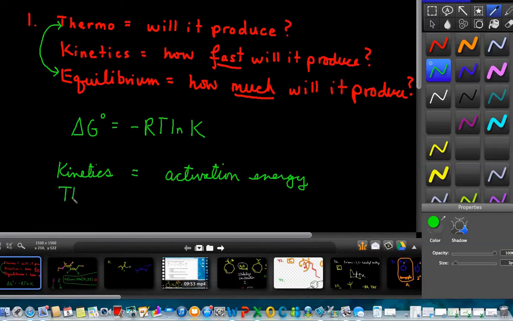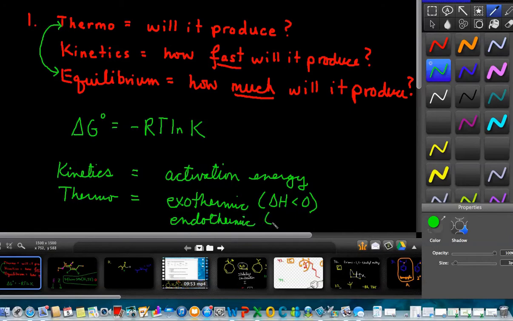While thermo, in terms of a potential energy diagram, implicates whether the reaction has a positive or negative delta H. Of course, this will be exothermic if it has a negative delta H, and it will be endothermic if it has a positive delta H.